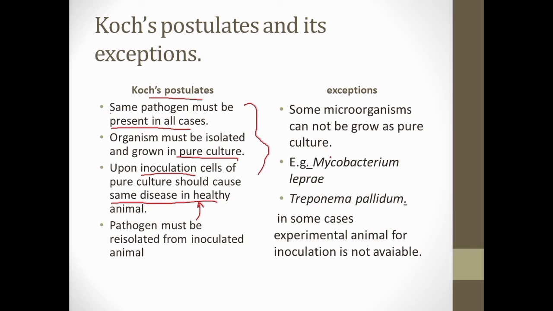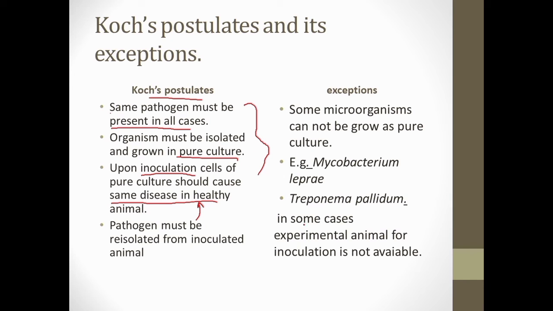Examples of such microorganisms are Mycobacterium leprae, which causes leprosy in human beings, and Treponema pallidum, which causes syphilis. There are certain other bacteria or microorganisms as well which could not be grown or isolated on the petri dish or on an artificial media. So this is an exception to Koch's postulates.